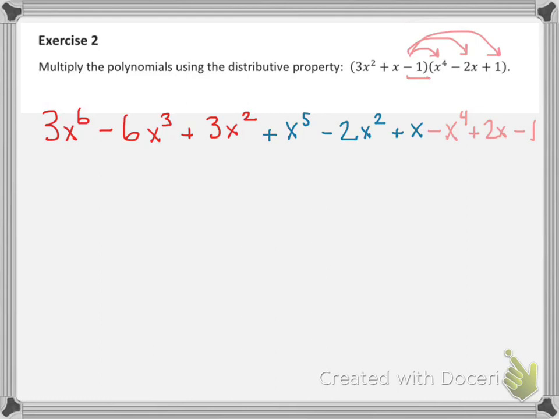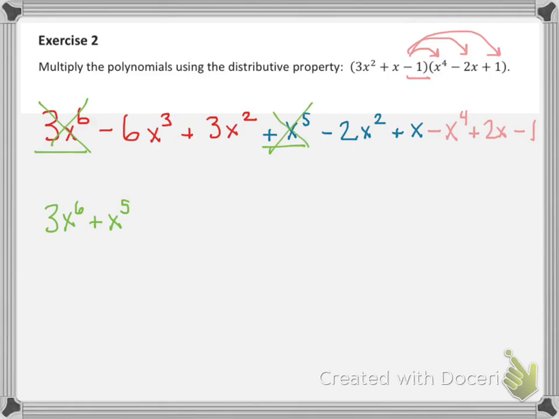So the first thing I'm looking for is all of the x to the sixth, and I only see one, so 3x to the sixth. That one's out of there. Next one, based on degrees, is x to the fifth, and I don't see any other x to the fifths, so this is plus x to the fifth.